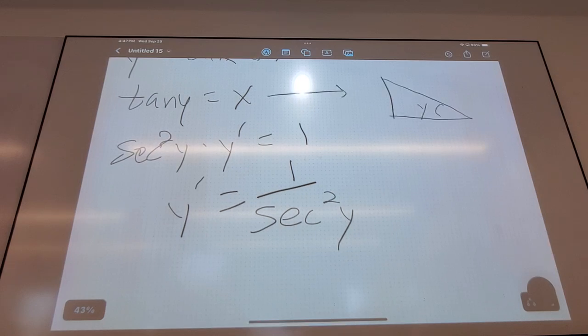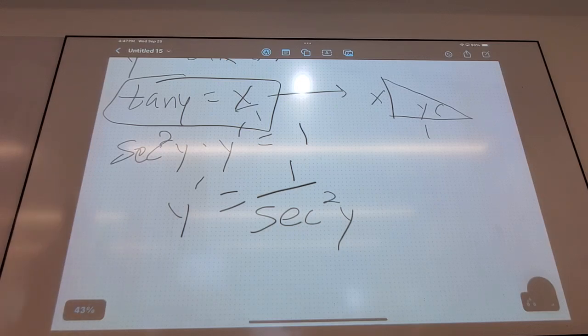Y is an angle, yes? Because it's inside of a tangent function, it must be an angle. Tangent is this side over this side. You remember this from pre-calculus or trig? If I have a definitive statement about a trig function, I can create a right triangle, because trig functions are ratios of sides of right triangles.